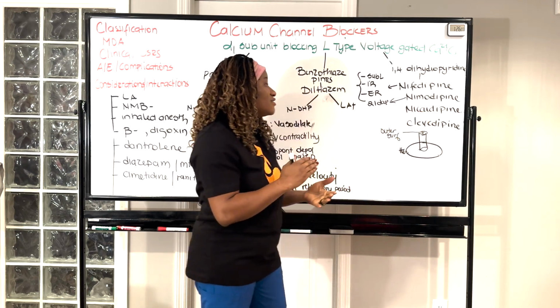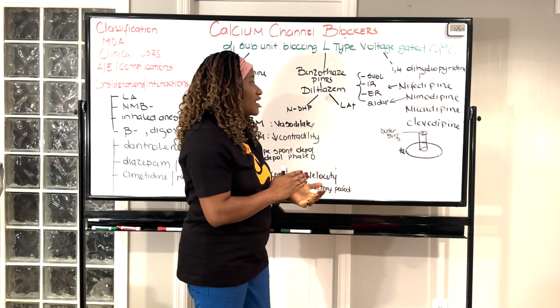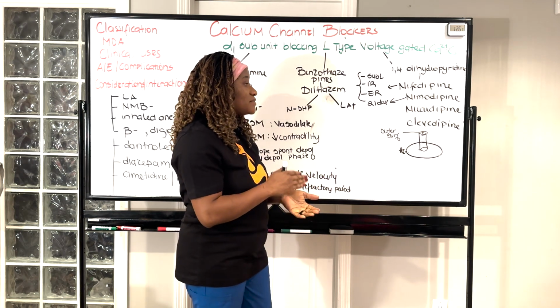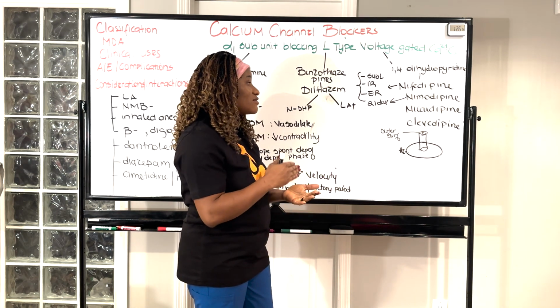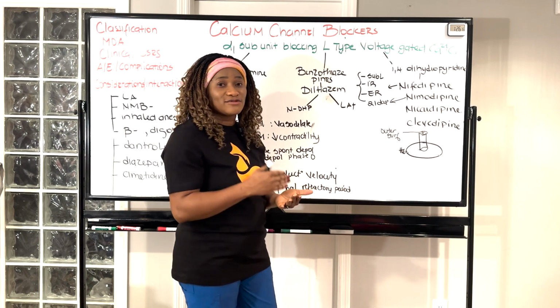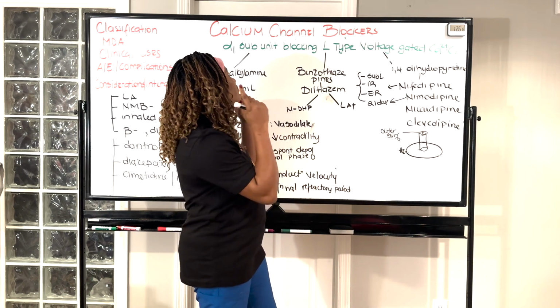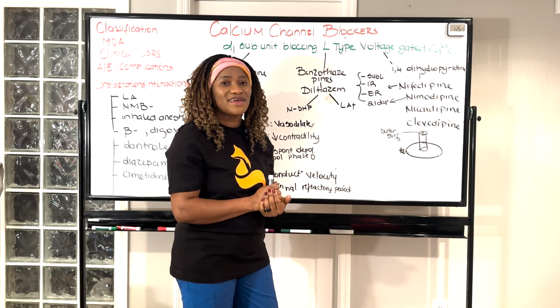Nicardipine is also a dihydropyridine, but it's special because it's the one that causes the most vasodilation of all calcium channel blockers.